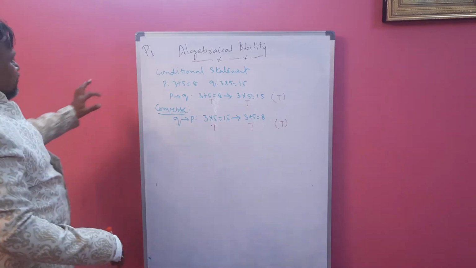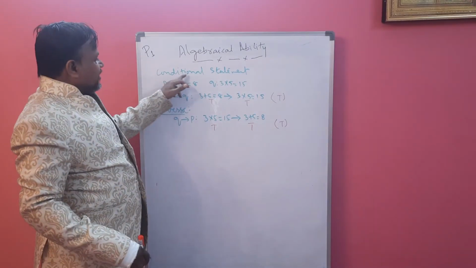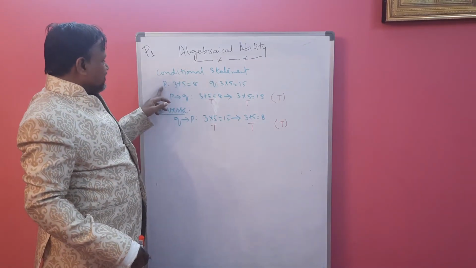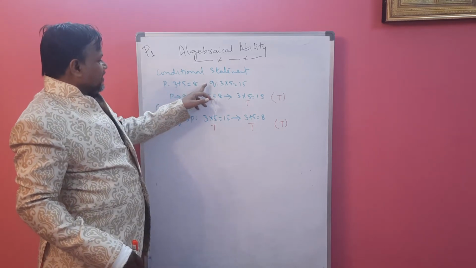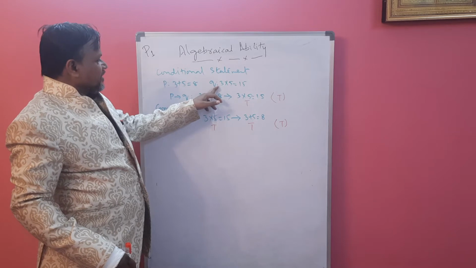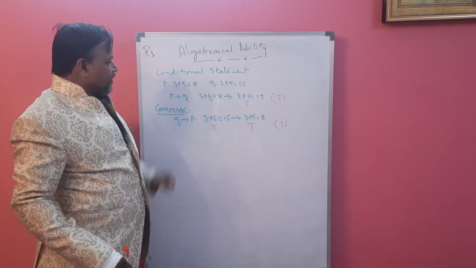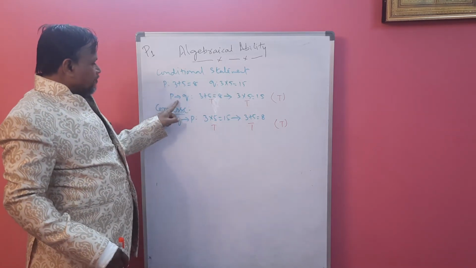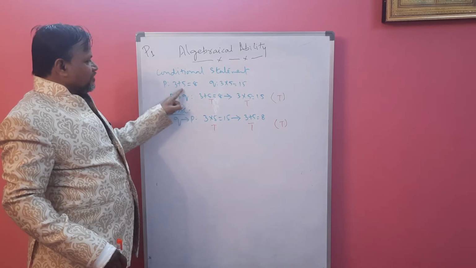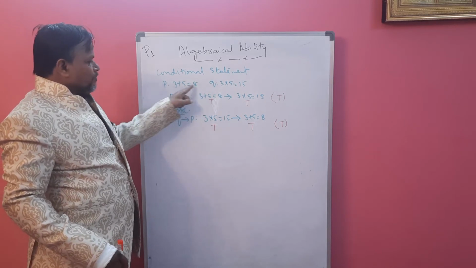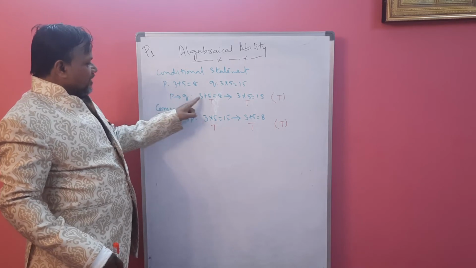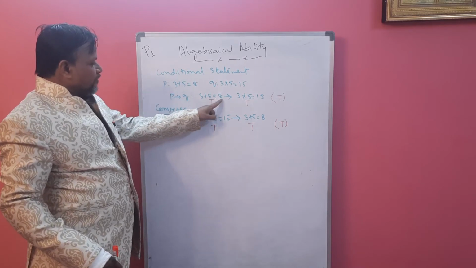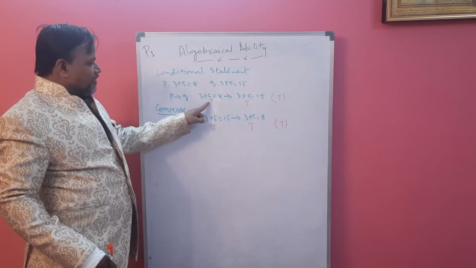Now see the examples. Conditional statement. P is the statement 3 plus 5 equal to 8. Q is the statement 3 into 5 equal to 15. Now P implies Q is a conditional statement of these two simple statements. First P, 3 plus 5 equal to 8, is a true statement.